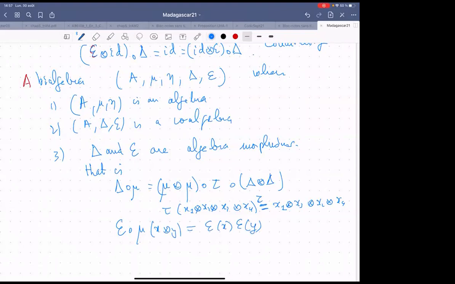Of course, we can also have a compatibility condition about the units.